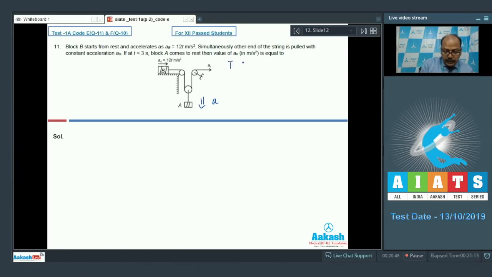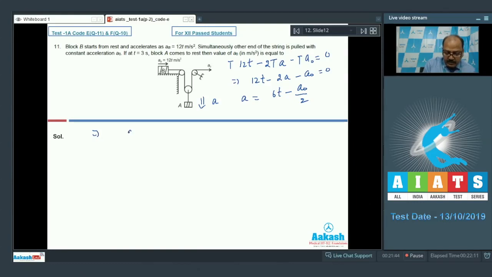We get t into 12t, the tension here is t, minus 2t into A minus t into A0 equals 0. This means 12t minus 2A minus A0 equals 0, or A equals 6t minus A0 by 2.